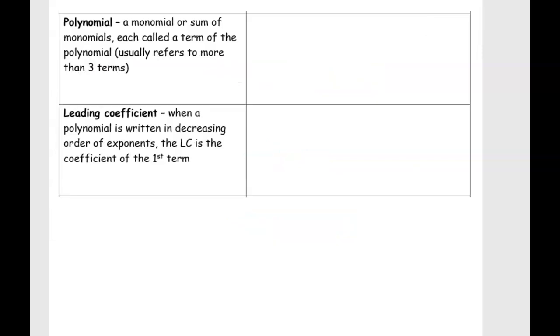A polynomial, poly means many, is a monomial or sum of monomials, each called a term of the polynomial. It usually refers to more than three terms. An example of a polynomial could be just 2x, or 3y plus 1, which has two terms, or 4x squared plus 2x minus 7.